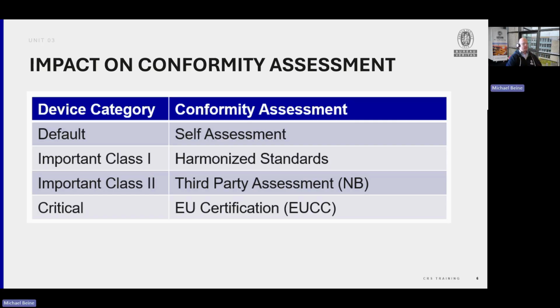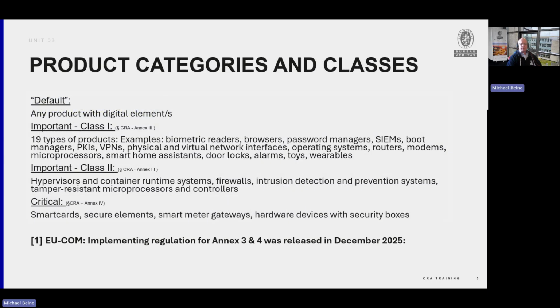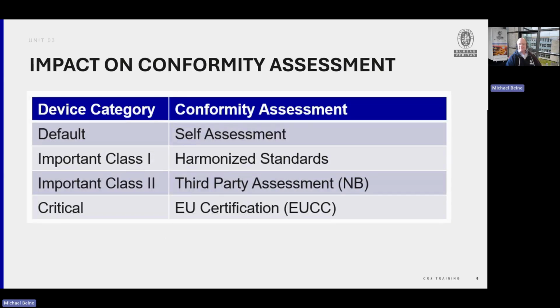But if the core purpose of the device fits into this list here, firewall, intrusion detection prevention system, tamper-resistant microprocessor, hypervisor for container runtime systems, then your product is in class 2 and needs to follow the notified body assessment. Notified body assessment, though, is always available to everybody.